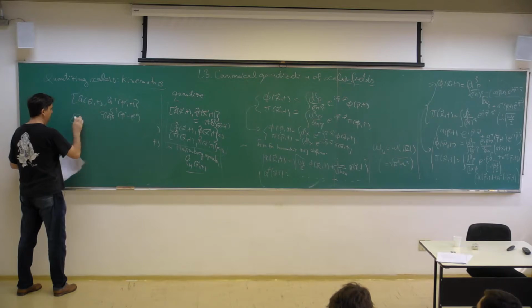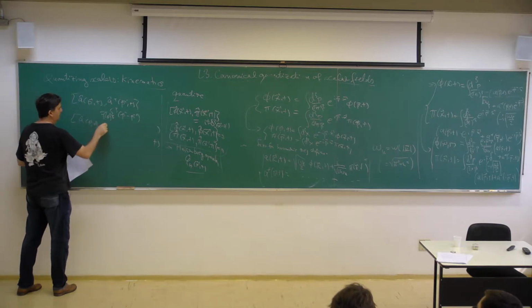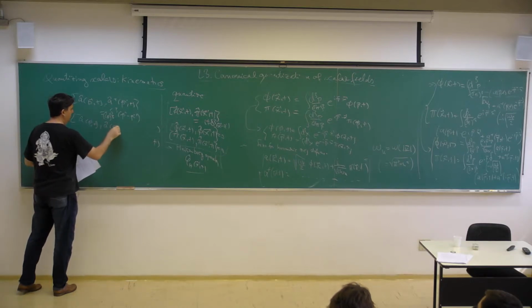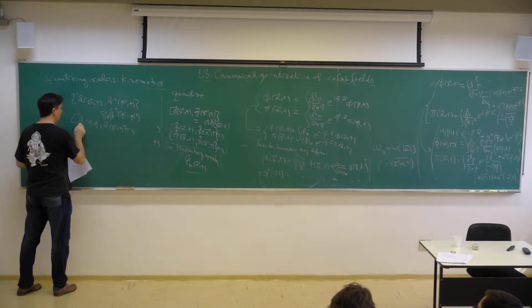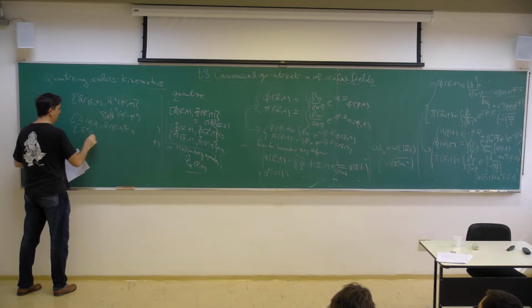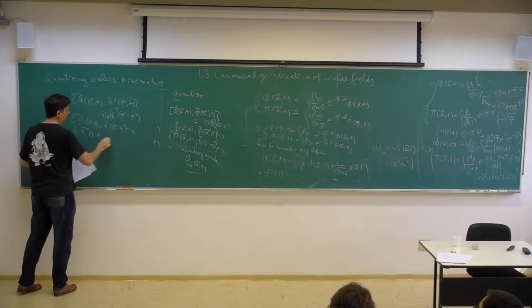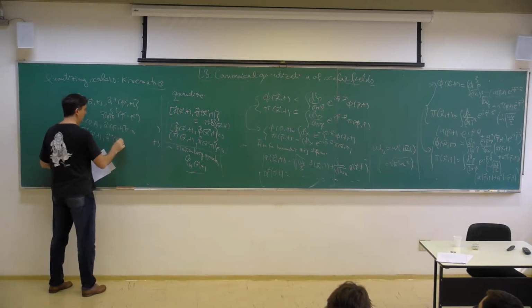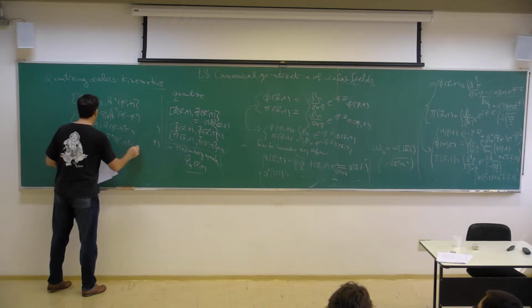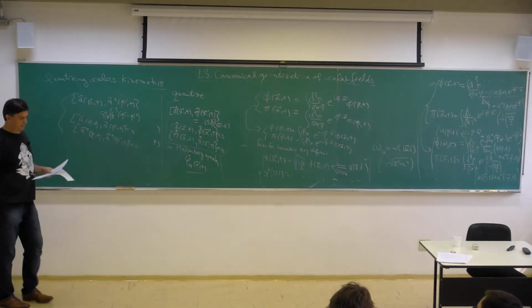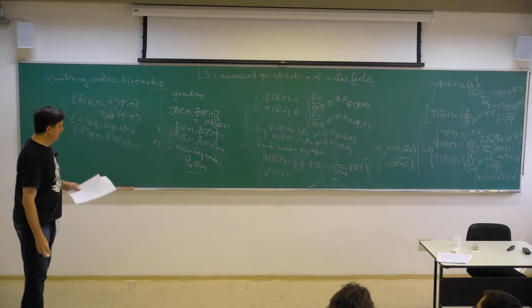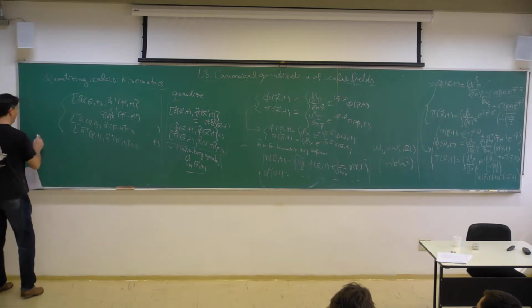So A p t with A of p prime t is 0, and A dagger p t with A dagger p prime t is 0. So let's check the most relevant one, phi with pi. Convince ourselves of that.